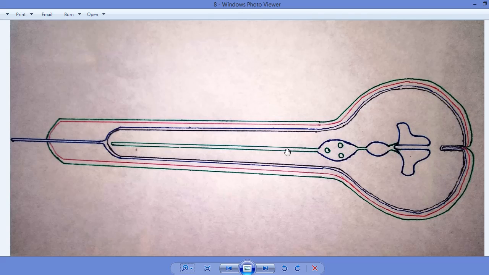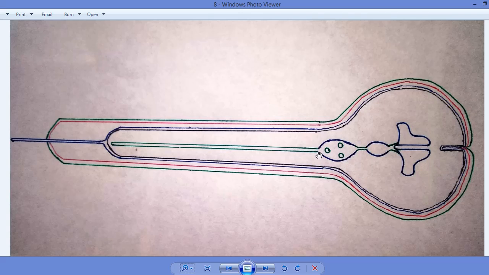From the fourth ventricle, it will go to the central canal, and it will also move to the subarachnoid space over here, because the cerebrospinal fluid is also required all around the brain and spinal cord. So to move all around the brain and spinal cord, it should be transferred from the fourth ventricle to the subarachnoid space. How is it transferred to the subarachnoid space?